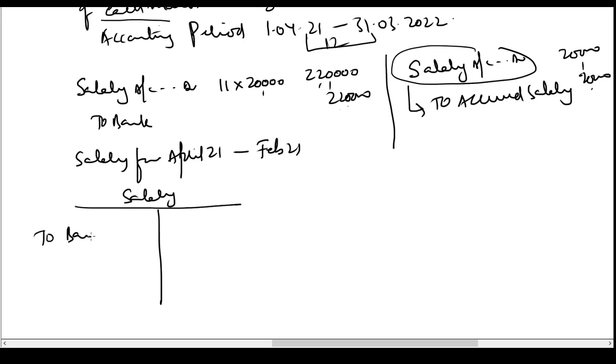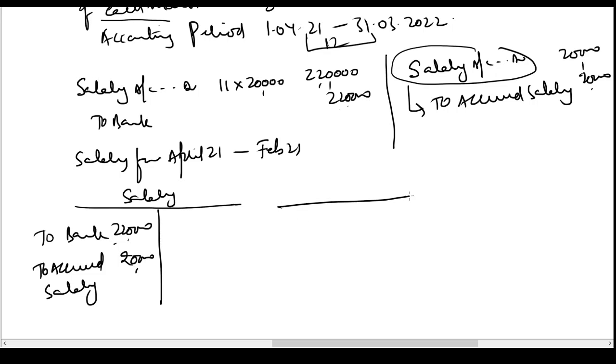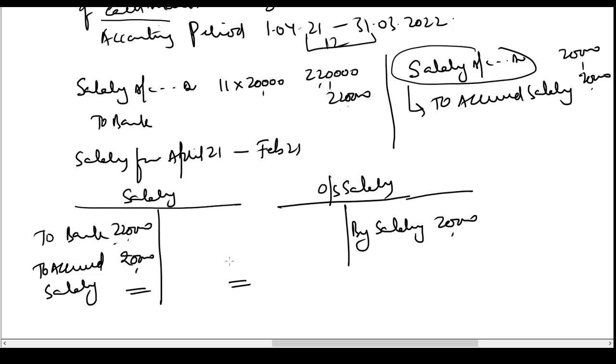To bank 2,20,000 and to accrued salary. Sometimes we also use the term outstanding salary, 20,000. Outstanding salary will have one entry in it, by salary 20,000. So it will be showing a balance of 2,40,000.